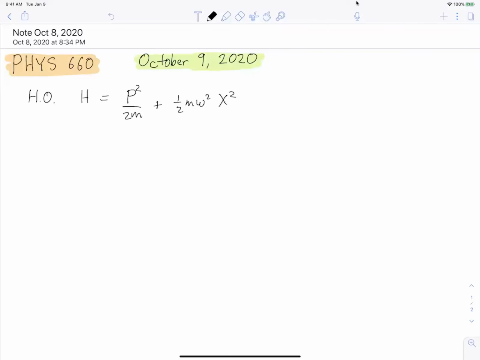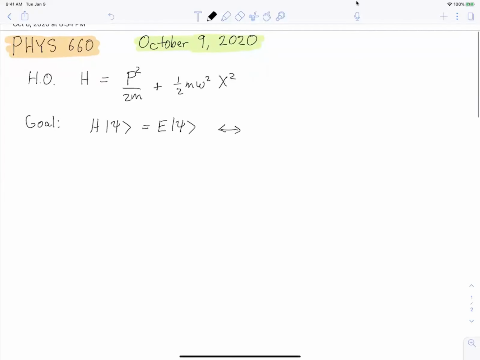And our goal was to solve the time-independent Schrodinger equation for energy eigenstates or stationary states, which in the position representation, which is our first thing, has the form minus h bar squared over 2m, two x derivatives, plus the potential, acting on the wave function, not the ket.